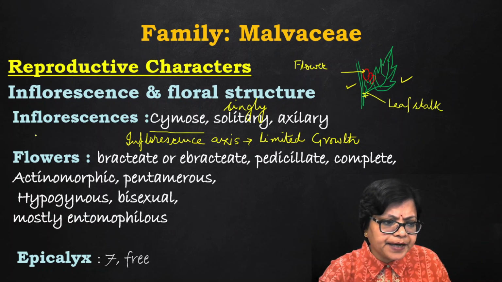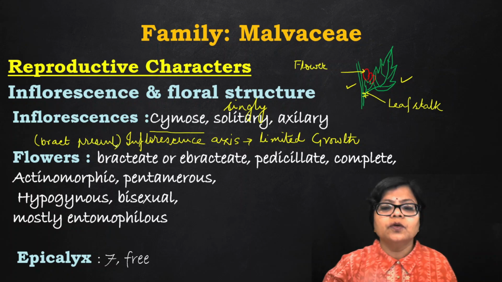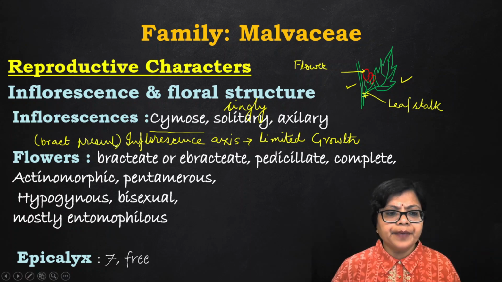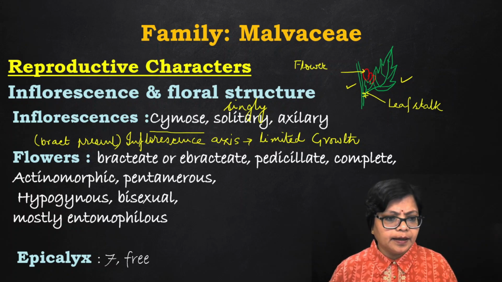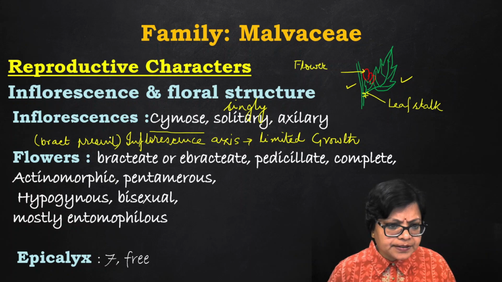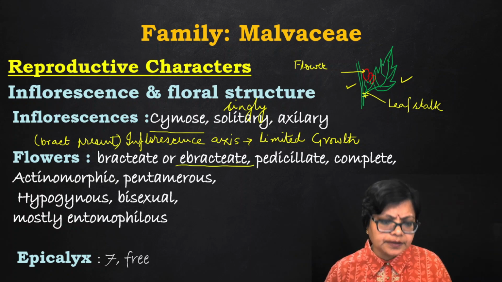Bracteate means bract present. What is bract? Bract is the leafy outgrowth in the axils of which single flower or the group of flowers develop. Bract may be present, may not be present.